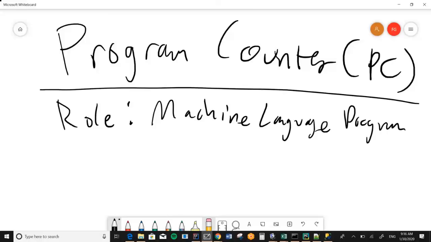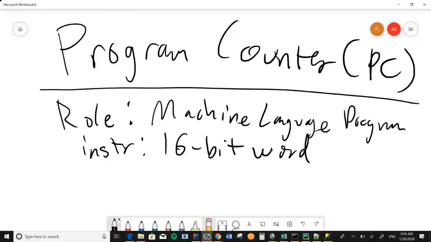A machine language program consists of instructions. Each instruction is going to be expressed as a 16-bit word on this CPU.